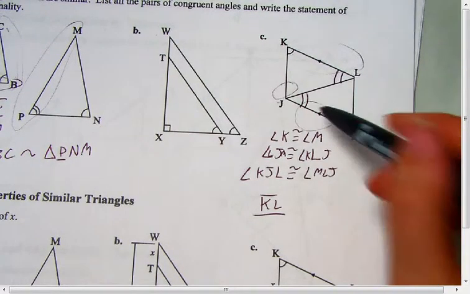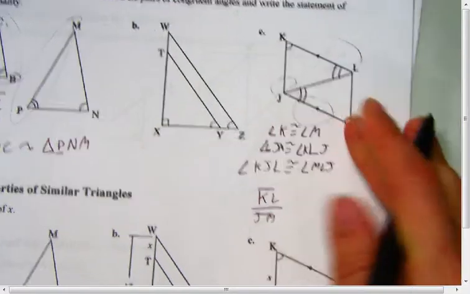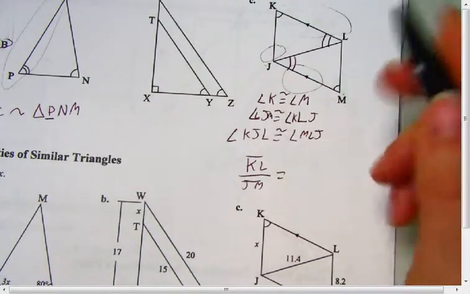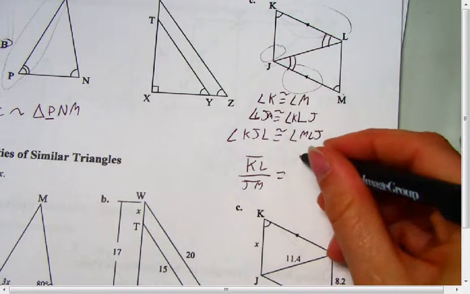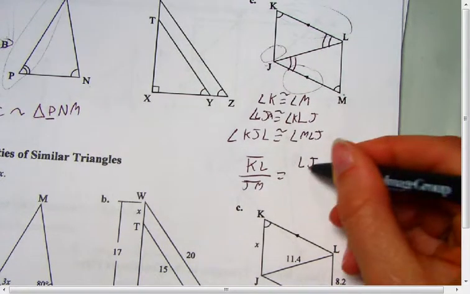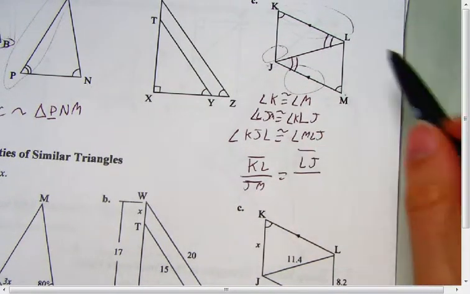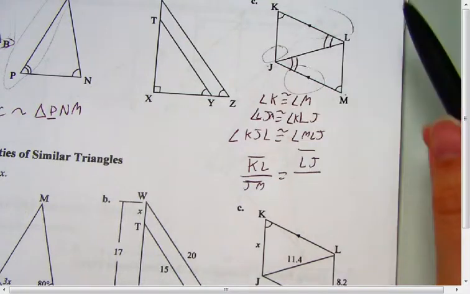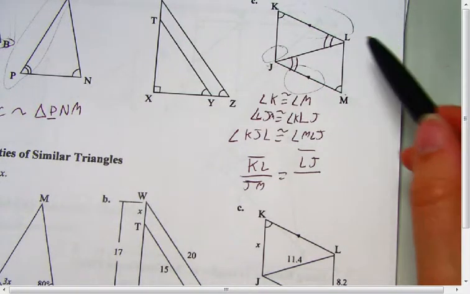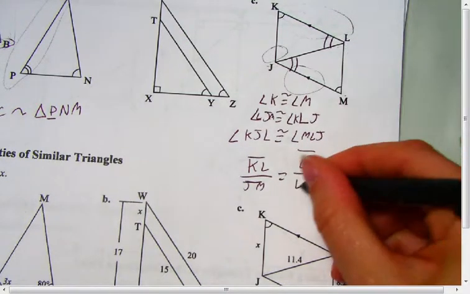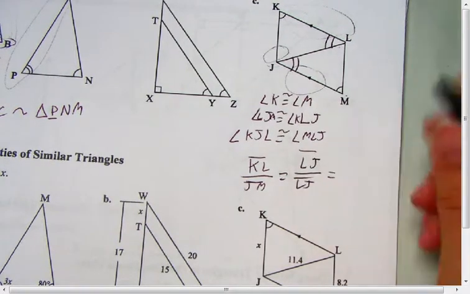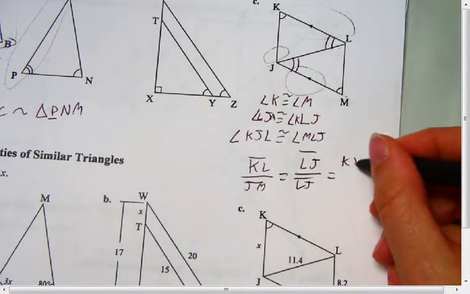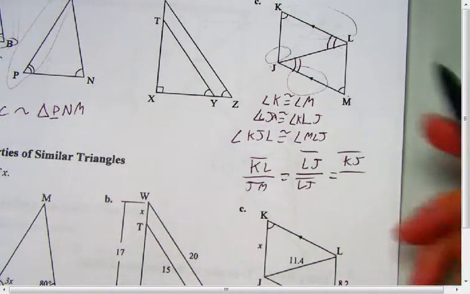over JM, right? And then I want LJ goes over L to J, L to J goes over L to J, right? And then KJ goes over what side? LM, good.